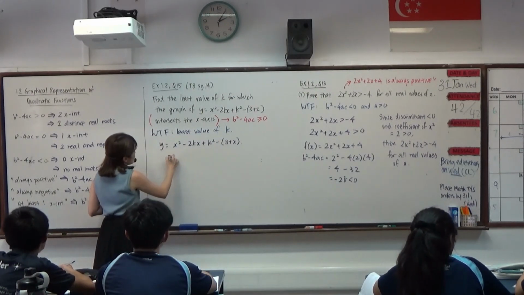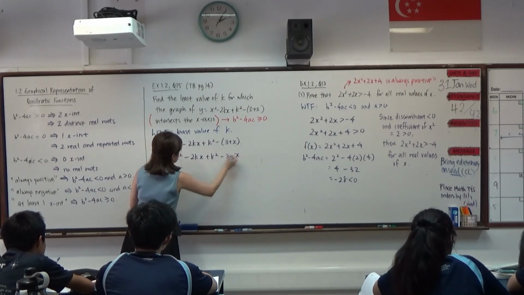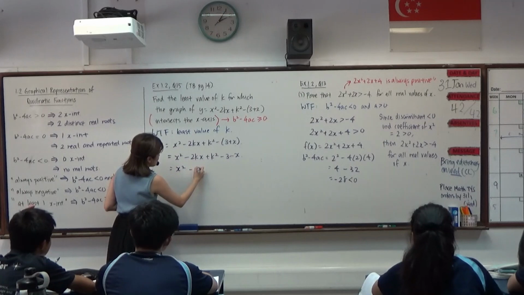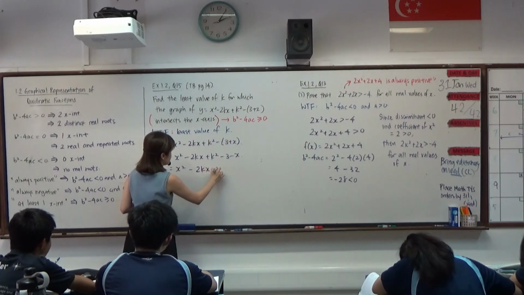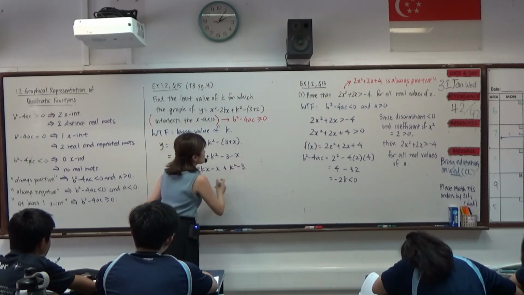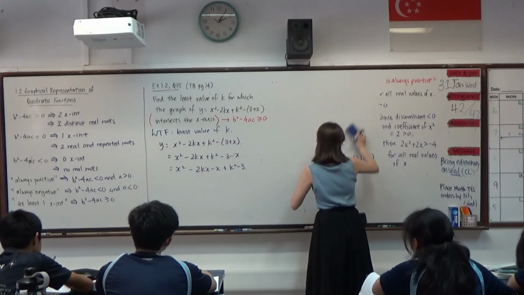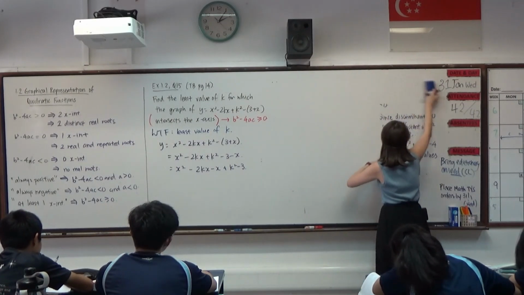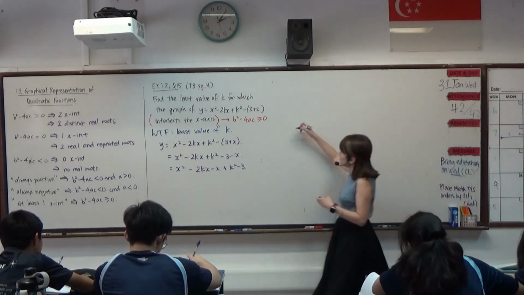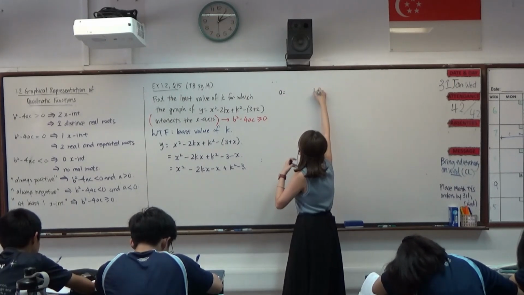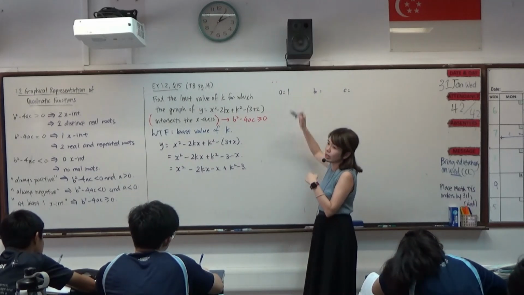Okay, so then now, what is our A, B, and C? Maybe I write A, B, and C. A just now we identified as 1.